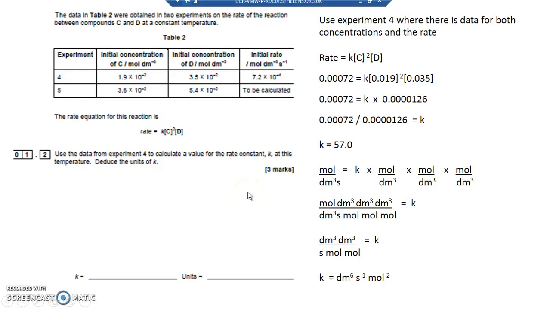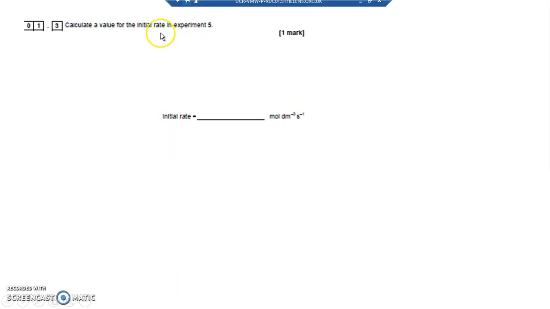I think the next question will probably be: calculate a value for the initial rate in experiment 5. Indeed it is. So let's have a look at that. So we've got rate equals K multiplied by C squared multiplied by the concentration of D. We know K has not changed because the temperature has stayed the same. It's a constant temperature, and only temperature would change K, so if that's staying the same, K is going to stay the same.